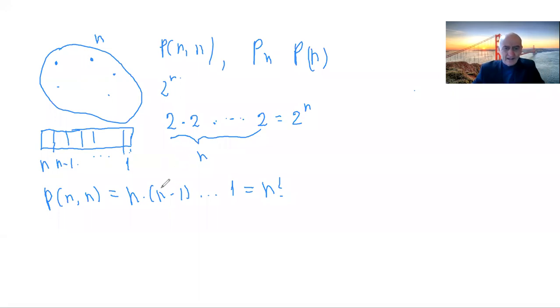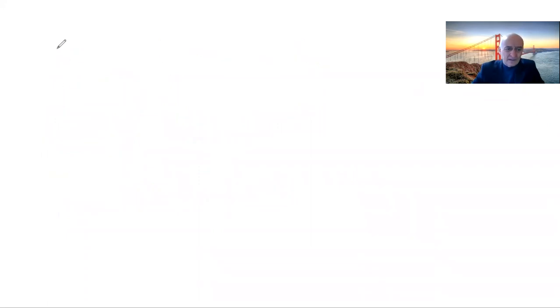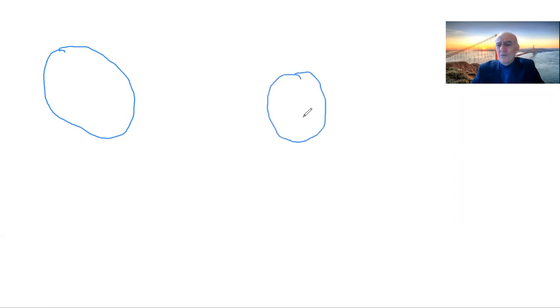Okay. But now we are interested in something else. We have again a set with n elements, and now we are interested in how many subsets with exactly k elements we can choose. We know the number of all subsets.